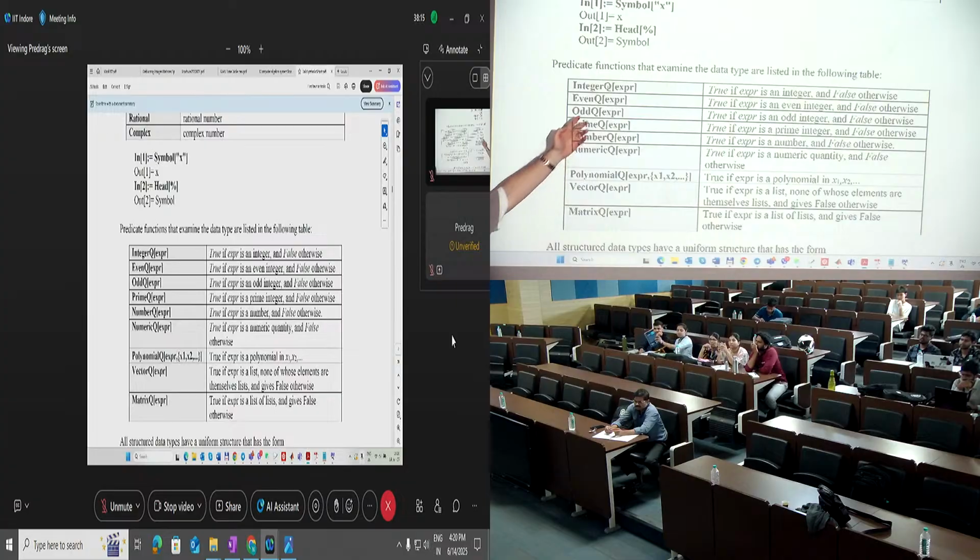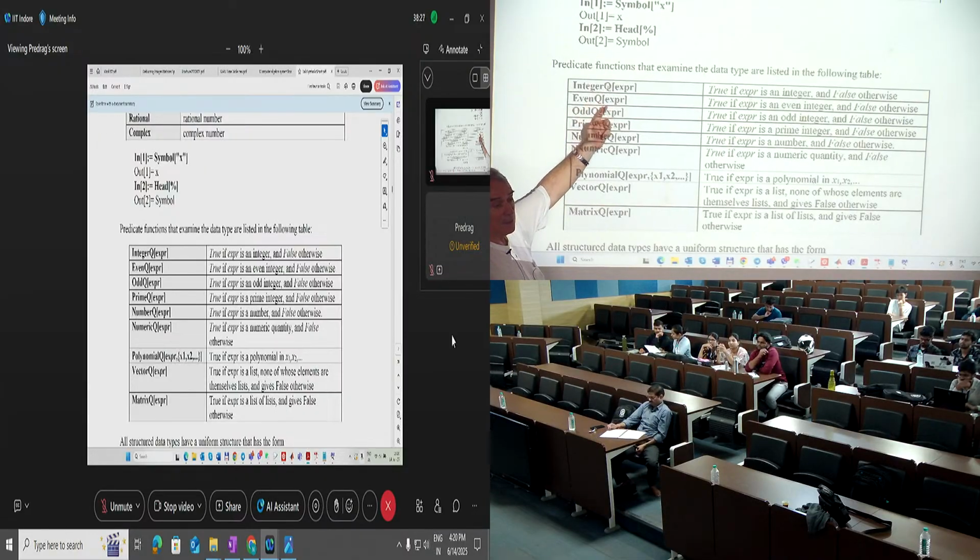We can ask a question if the input is an integer. Even integer, odd integer, prime, is it a prime number? Is it a number? Is it a numerical value, polynomial, vector, matrix?